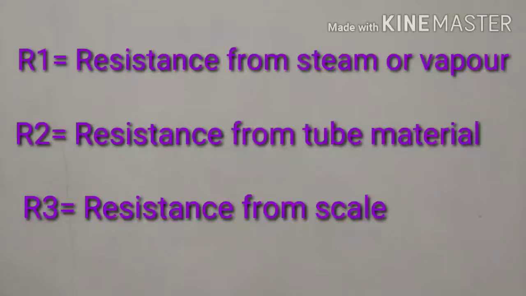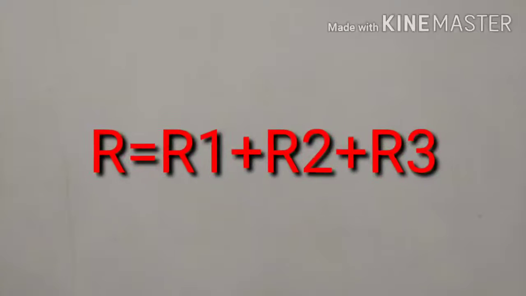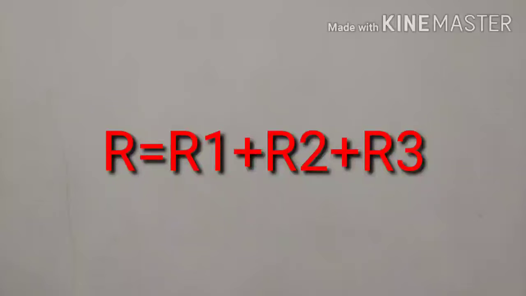Out of these, the resistance due to scale is 100 times higher than the other resistances. So this can be represented as R = R1 + R2 + R3. By all this, we can say the thermal conductivity is inversely proportional to the resistance.